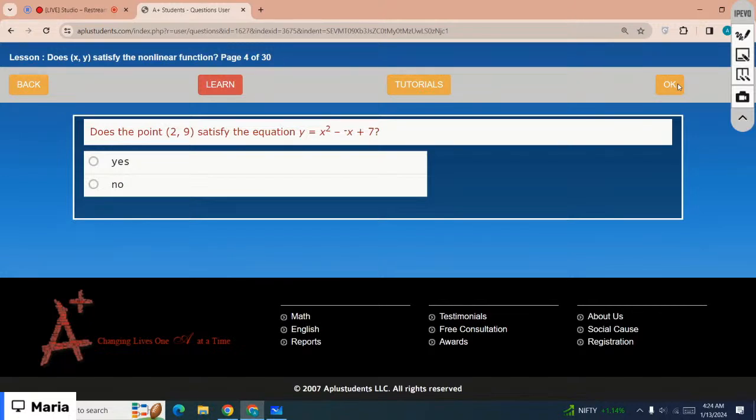Does the point (2, 9) satisfy the equation y equals x squared minus x plus 7? So use your notebook and pencil, solve the equation and write the answer in the chat box. I'm waiting for the answers from your side.